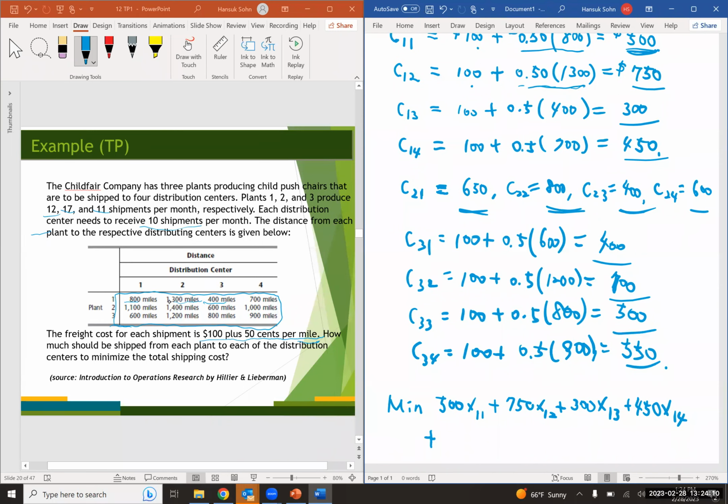So it's going to be 650 x21, 800 x22, 400 x23, and 600 x24, right?